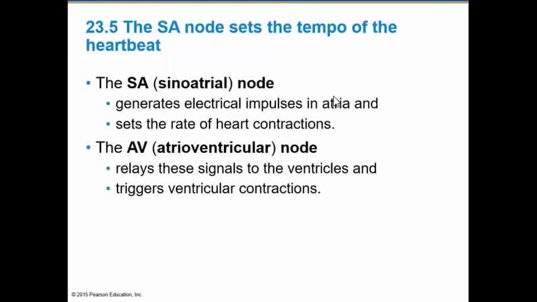The SA node generates the electrical impulses in the atria, which sets the rate of contractions. These electrical impulses are received by the atrioventricular node, which sends the signals to the ventricles, and that triggers the ventricles to contract. The SA node is called the cardiac pacemaker.